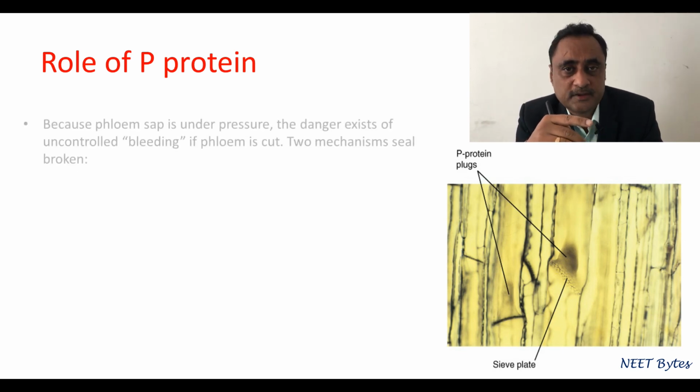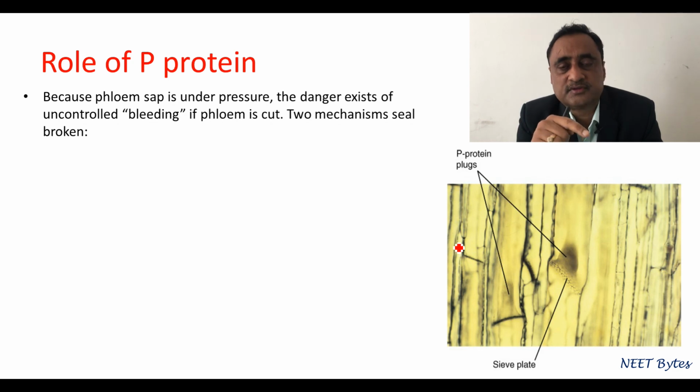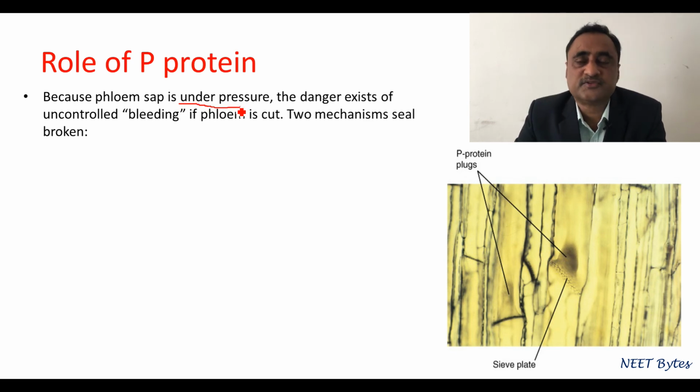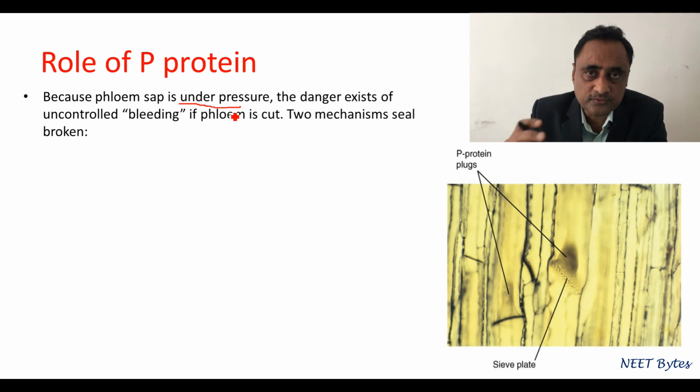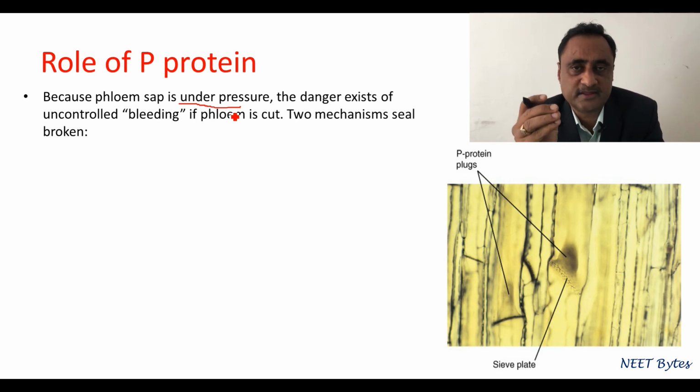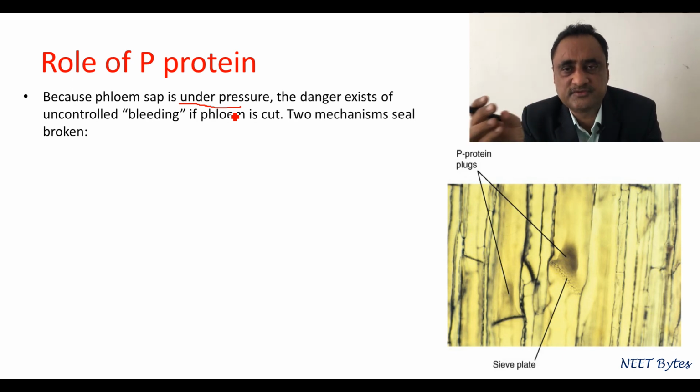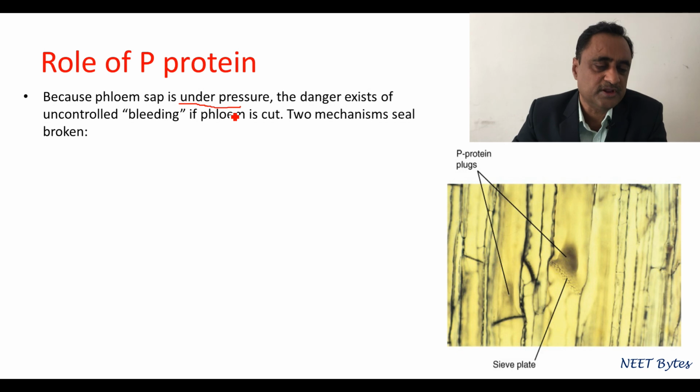So in order to check those losses, there is a substance called P protein. The P protein is of a very large mass, so it moves to the cut area, and it forms a mesh-like structure in which the rest of the things get entangled, and finally the bleeding is stopped. So this is how the P protein acts. We popularly call it a P protein plug.